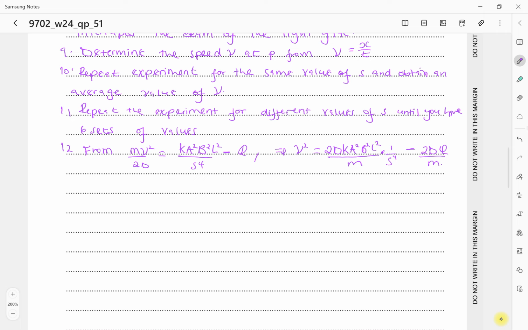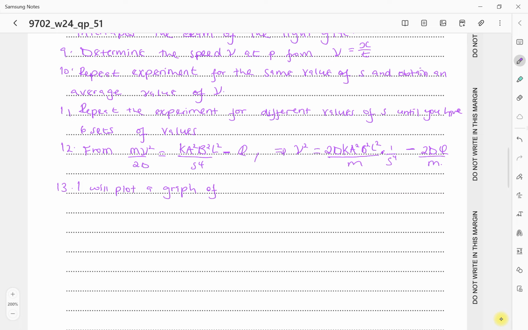So now I will tell the examiner that I will plot a graph. So step 13, I will plot a graph. From that equation, if v squared is on the y-axis, then 1 over s to the power of 4 is going to be on the x-axis.